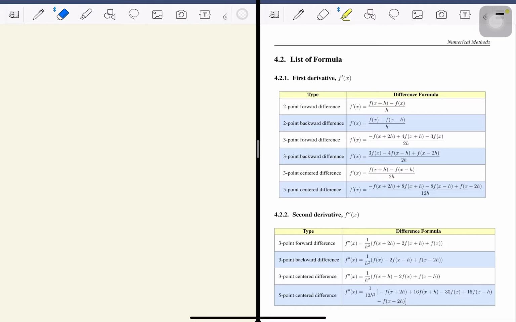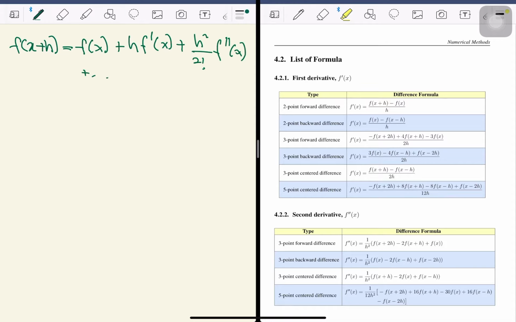Maybe I can write a bit. If you still remember, we have this kind of expansion: f(x) plus h f'(x) plus h squared over 2 factorial f''(x), and then plus dot dot dot. From this Taylor series expansion, for example for the 2-point formula for the first derivative, we consider this part.